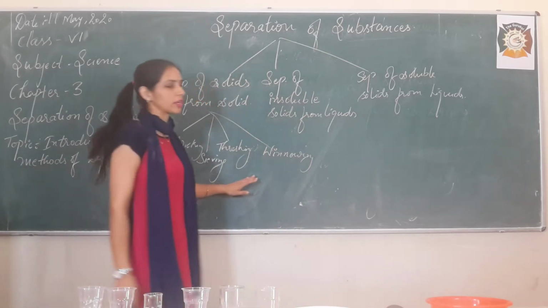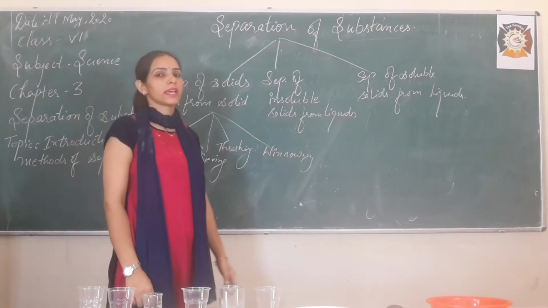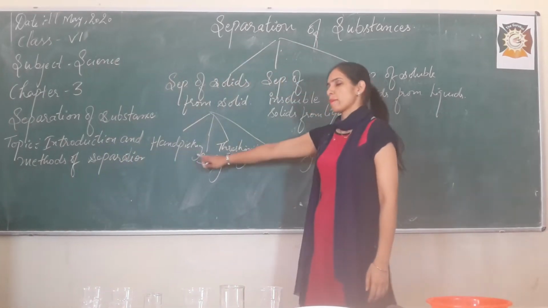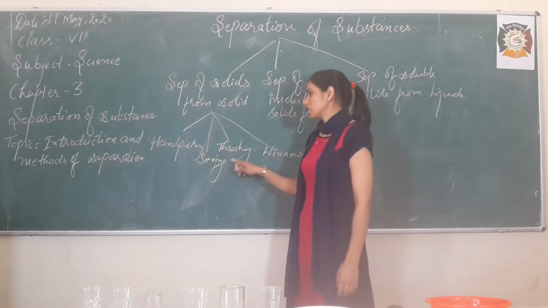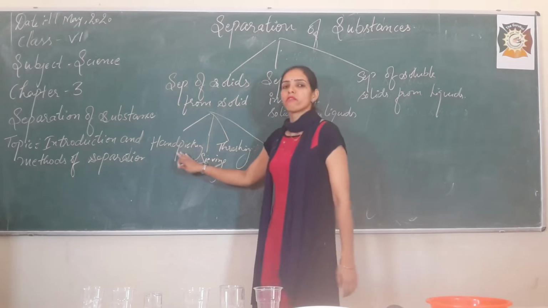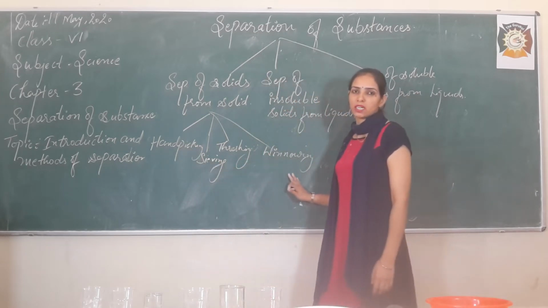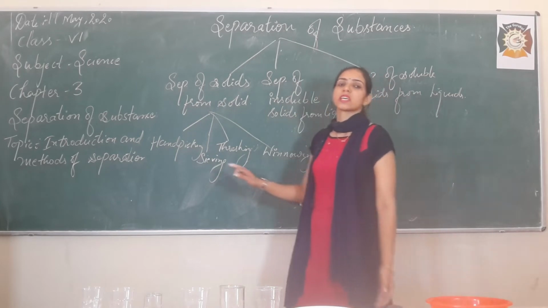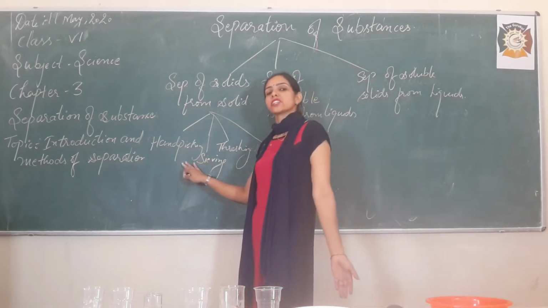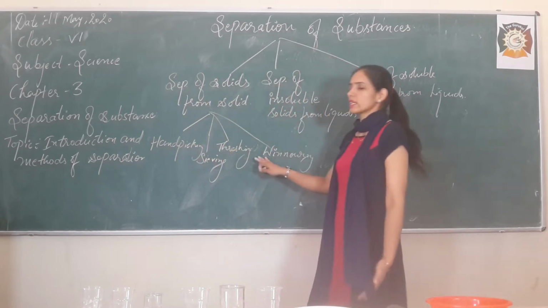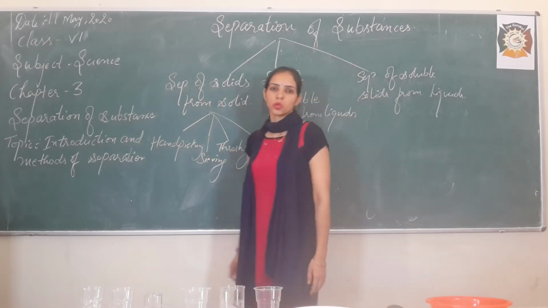Today's chapter will be based mainly on these 4 methods: hand picking, sieving, threshing, and winnowing. We will discuss every method one by one, and I'll tell you how and on what conditions each method is based, when we should use sieving, when hand picking, and when threshing and winnowing are used.